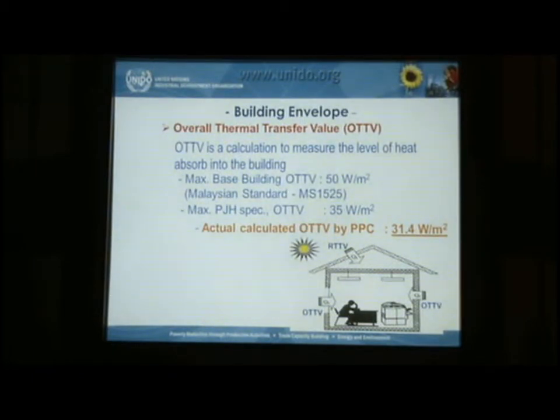But you can see that the new building has an OTTV of around 35, and subsequent buildings also have an OTTV of around that. So standards are not always rigid as such. Standards only give the minimum which should be complied with. That means they just eliminate bad practice, but there are always practices which are better.